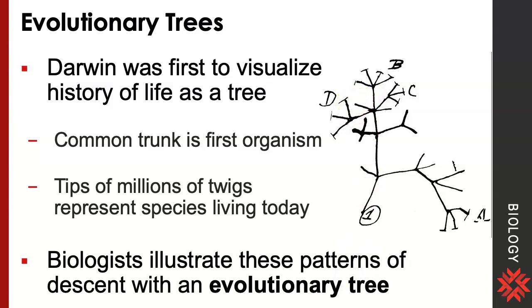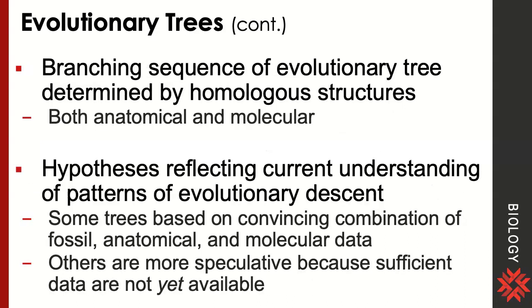So that's the way Darwin visualized the whole history of life, and that's the way that's commonly used by biologists still today. So we use these evolutionary trees, and the branching sequence is going to show how all these different species evolved from one another. So it's going to reflect how similar these species are to one another.